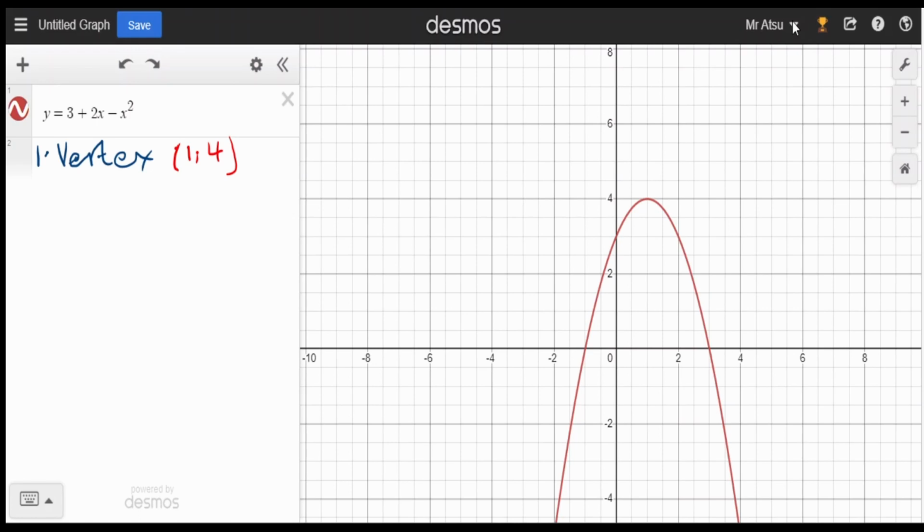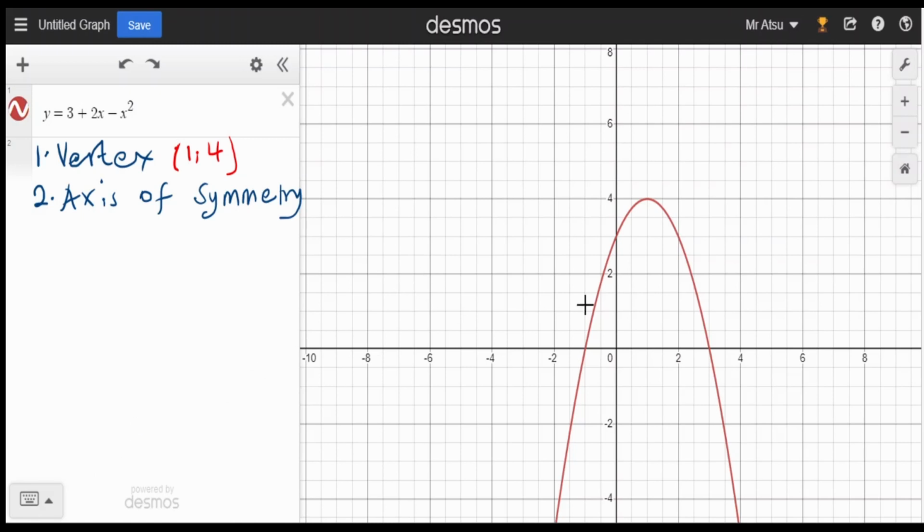The second feature I would like to talk about is the axis of symmetry. This is a vertical line that divides the parabola into two equal halves, and this line must always pass through the vertex.